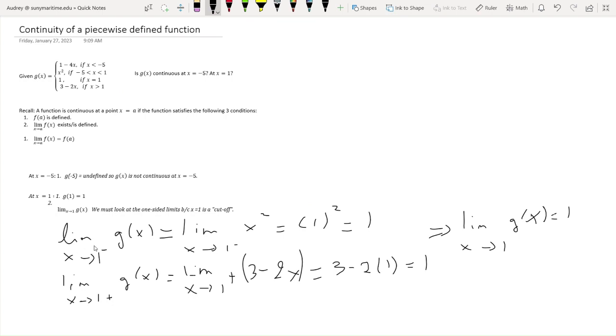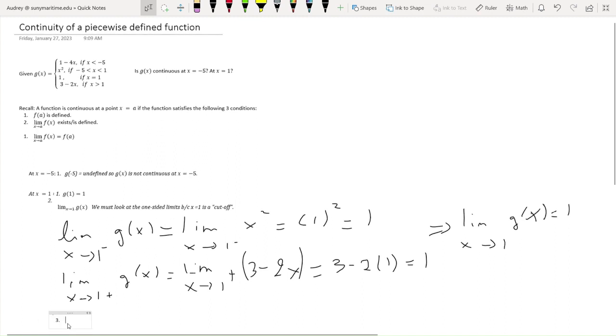And then the last point I must check is that the limit as x approaches 1 and the function at 1 must be equal. Well, we saw g of 1 is 1, and then the limit is 1, so that is true too.